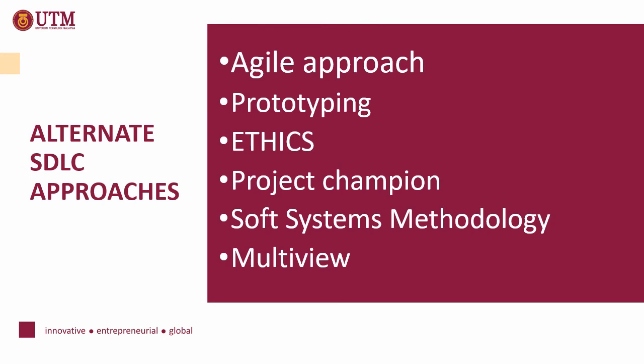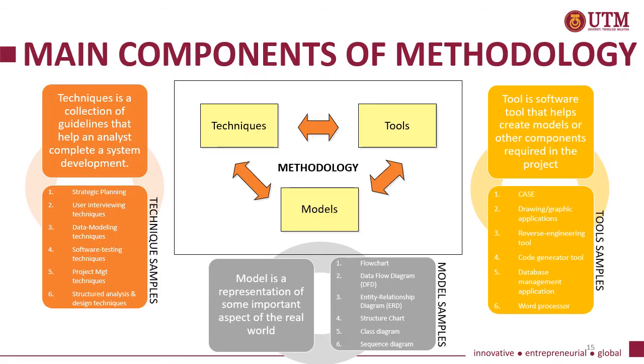There are several alternate system development lifecycle approaches, such as Agile approach, prototyping, ETHICS, project champion, soft system methodology, and multiview. From this figure, you can see the main components of methodology. First, we have techniques, then we have tools, and then we have models.